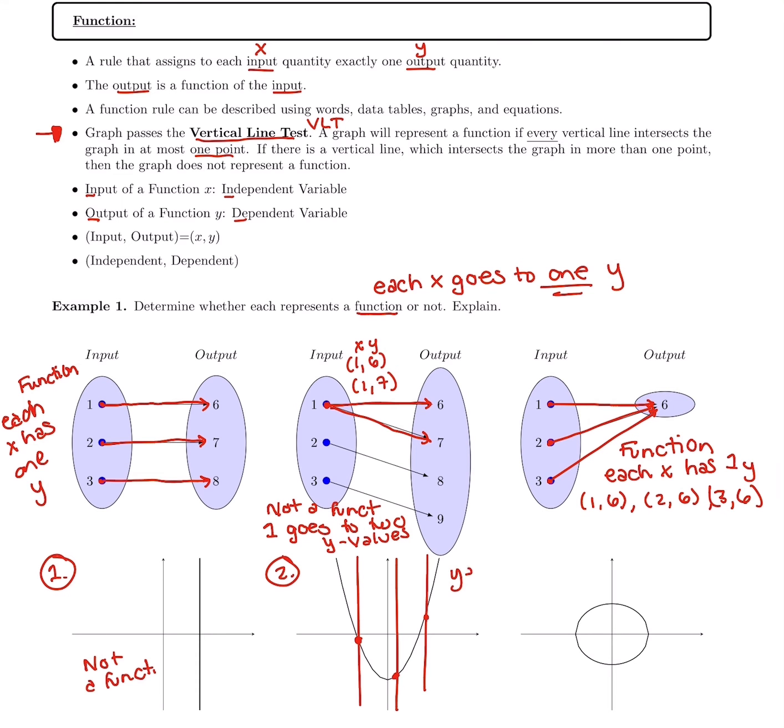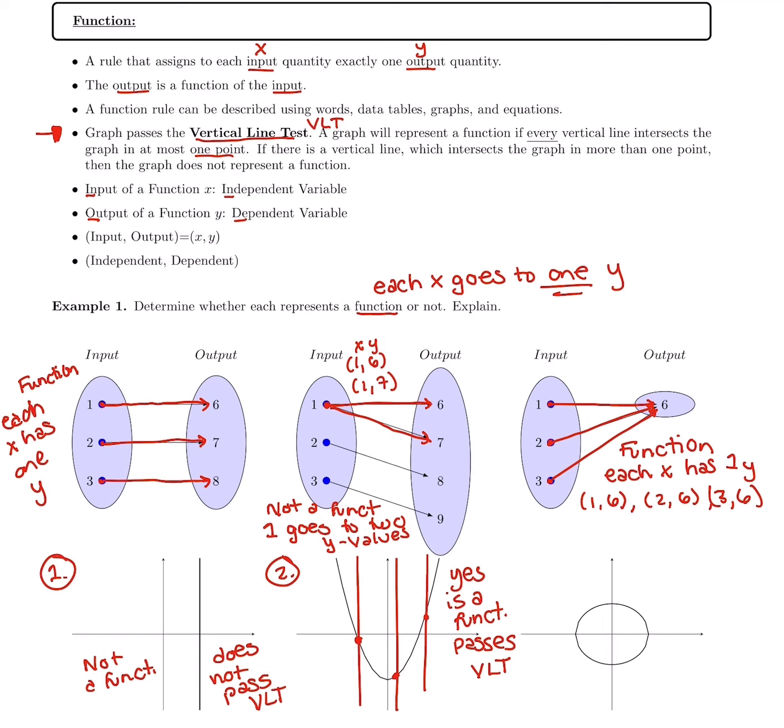So yes, this is a function. It passes the vertical line test by only touching once, whereas number 1 over here does not pass. If I draw a vertical line, it touches every point on that graph, not just one.